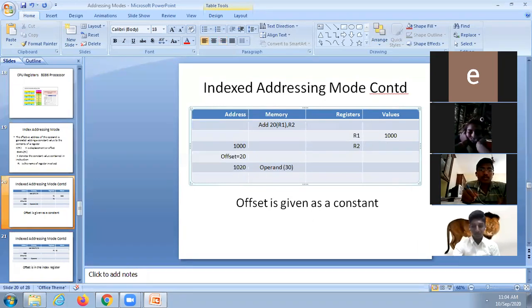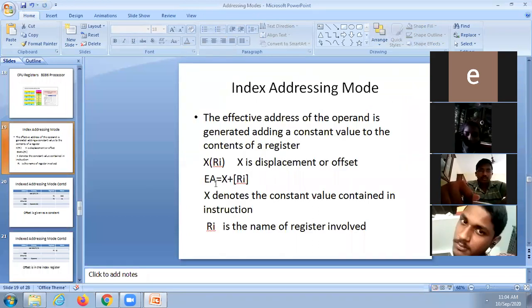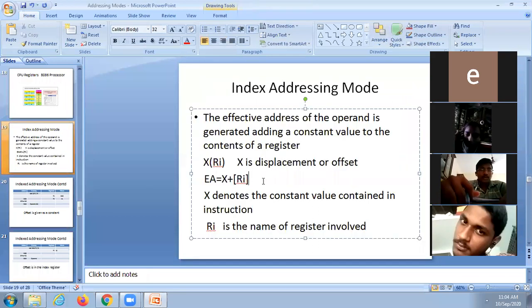Suppose I write 40 to avoid the confusion, because 20 is already there somewhere. So here R2 contains 40 value, whereas with this index addressing mode, its effective address is 1020.